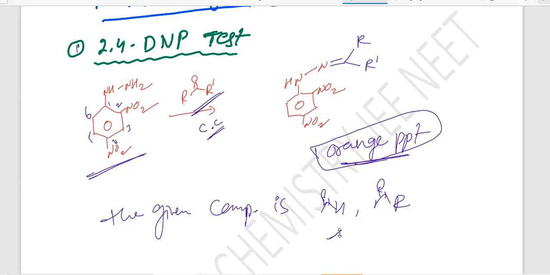For further confirmation, we can do some aldehyde functional group tests.